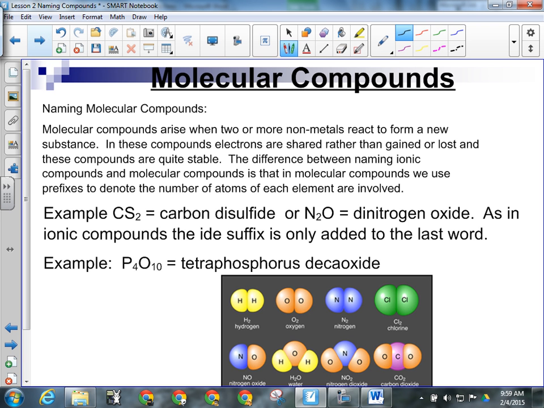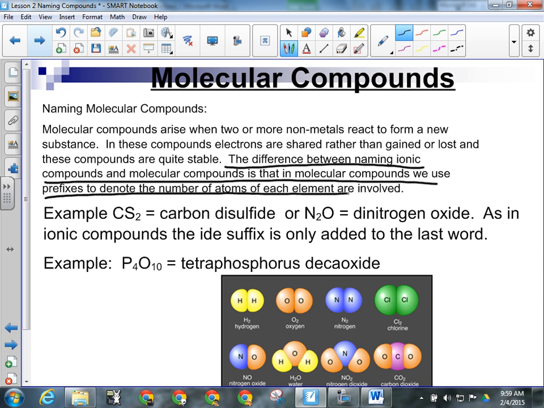All right, so when you're naming those molecular compounds, like we said, they arise when 2 or more nonmetals react to form a new substance. The electrons are going to be shared. The difference in naming here is that we do have to use the prefixes because we're not going to get the swap and drop happen. So here's good news.